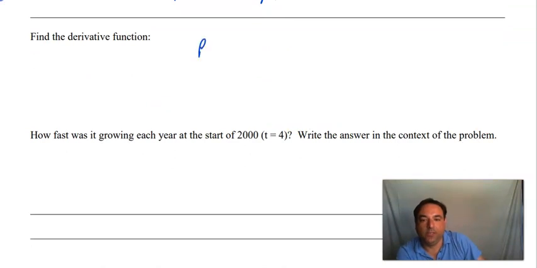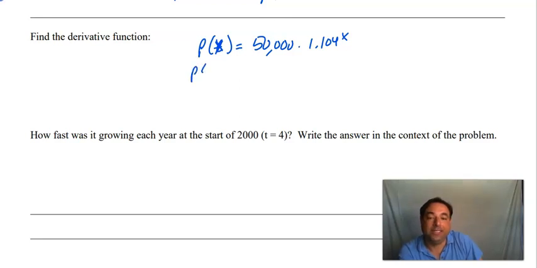So the original, P of x, equals 50,000 times 1.104 raised to the x. Now, when we look at this, it's a special case. It is a number raised to a variable. So how do we do it? 50,000 stays in front. How do we take a derivative of a number raised to a variable?